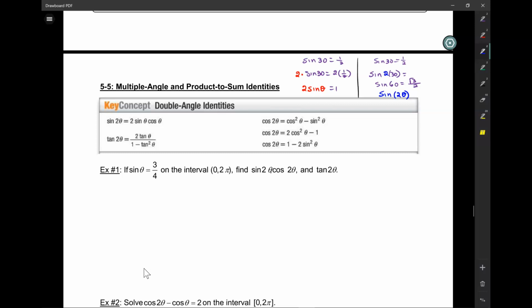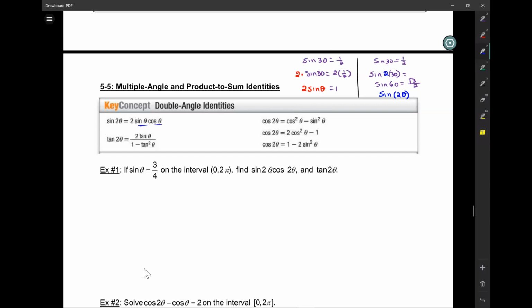You have an identity for sine of 2 theta, but look at what's inside: 2 times sine of theta cosine of theta. So whereas the identity is for a double angle, inside it calls for single theta. If this was sine of 60, it would be 2 times sine of 30 and cosine of 30. So it relates double angle to single angle.